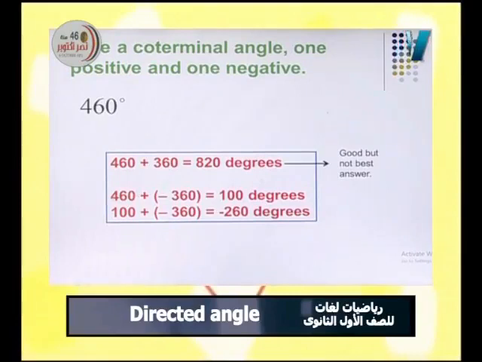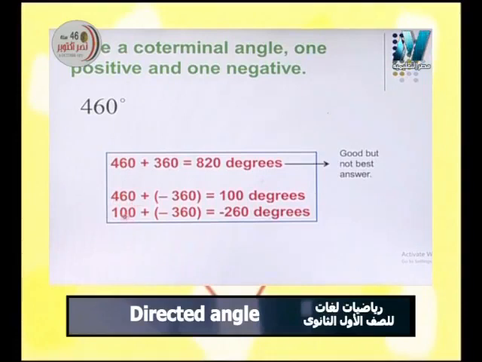If we add 460 plus negative 360, we find the smallest positive angle, which is equivalent to 460. We call it the smallest positive angle, which is equivalent or coterminal to 460 degrees.